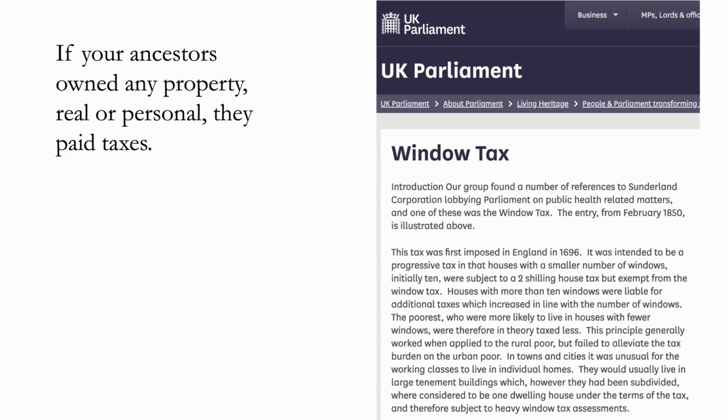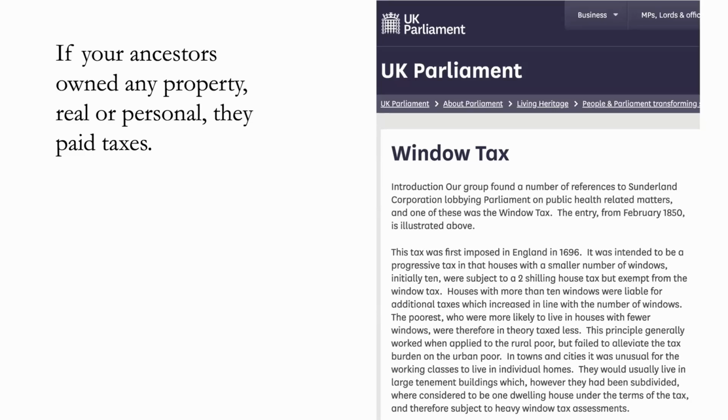For instance, here, beginning back, this is a 1696 tax. It was a progressive tax, because houses with a smaller number of windows were exempt from the window tax. So it was a way of taxing bigger houses with more windows, and that would be a progressive tax because it didn't tax poor people more than the rich people.